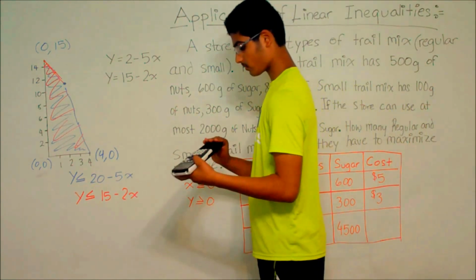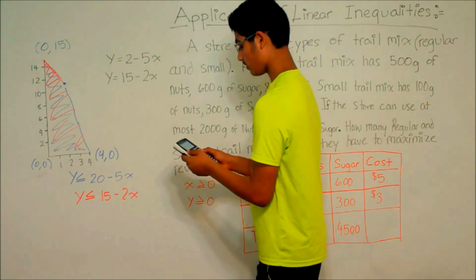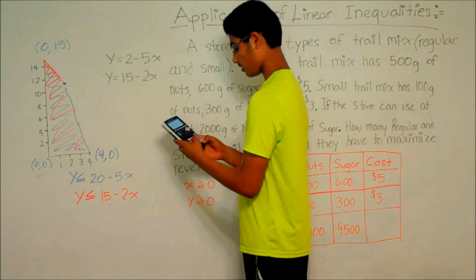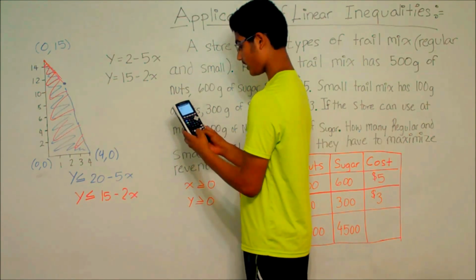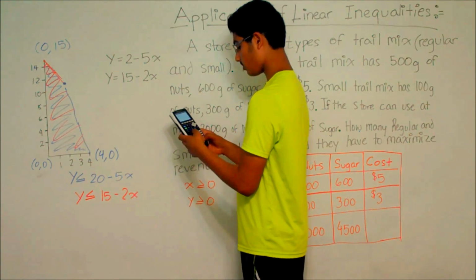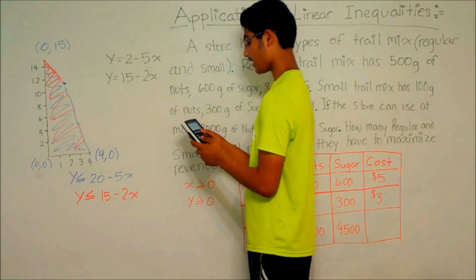So let's put this into the calculator to save time. We get 20 minus 5x and 15 minus 2x. So let's graph this and find the intersection.